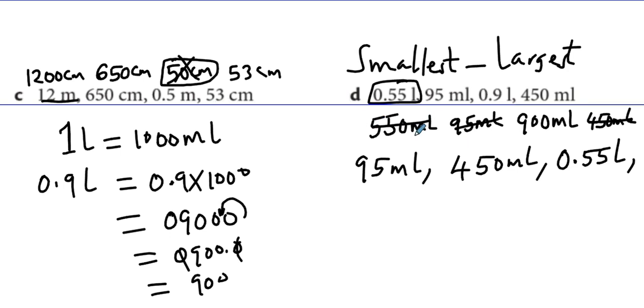So we do not have that anymore. And the largest of all will be 900 milliliters, which we don't have to write. We just write what was given here. So we have to correct this one, and this will be 0.9 liter.